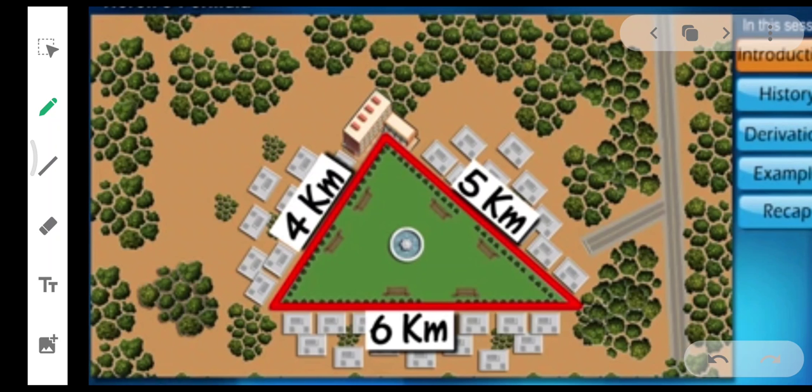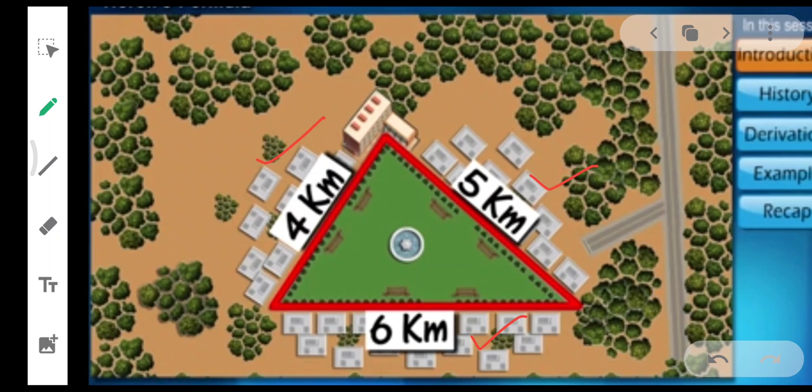Just imagine if height is not given, like imagine there is one complex or one park, you can look at this with a red color boundary, in a locality. There is a complex whose length of sides are given, a very large complex, 6 kilometer, 5 kilometer and 4 kilometer.